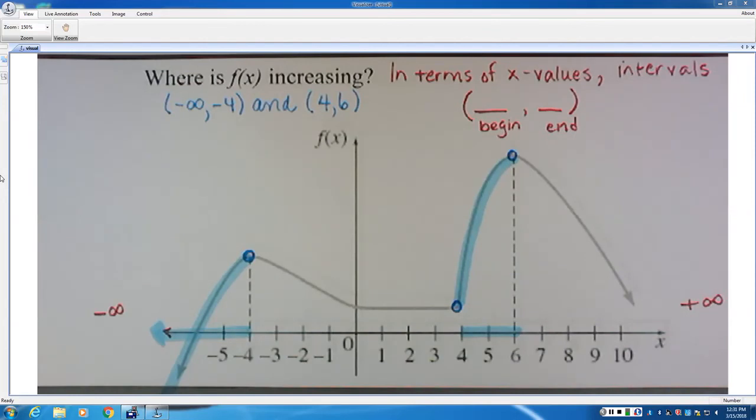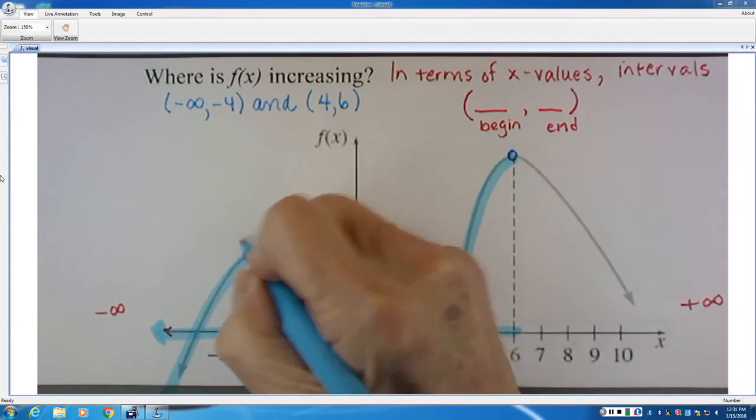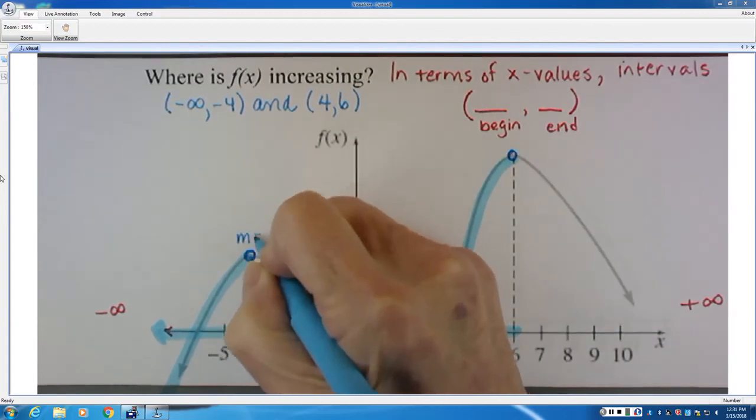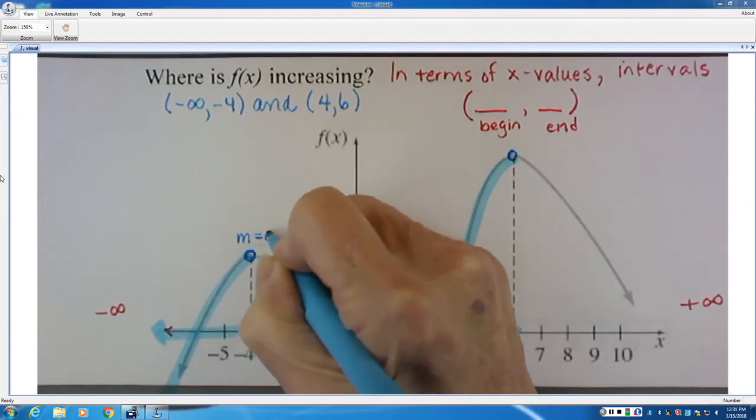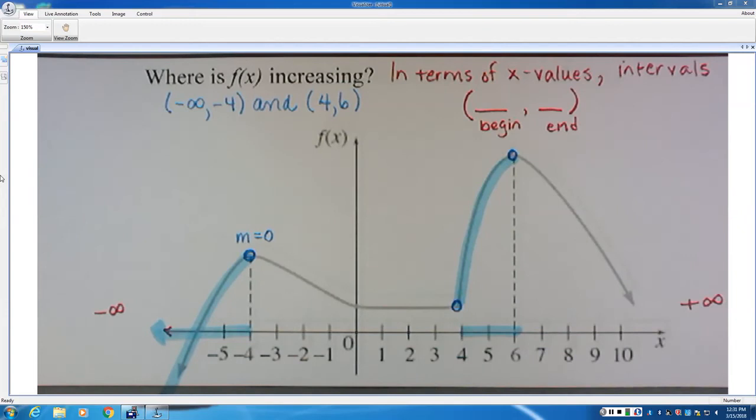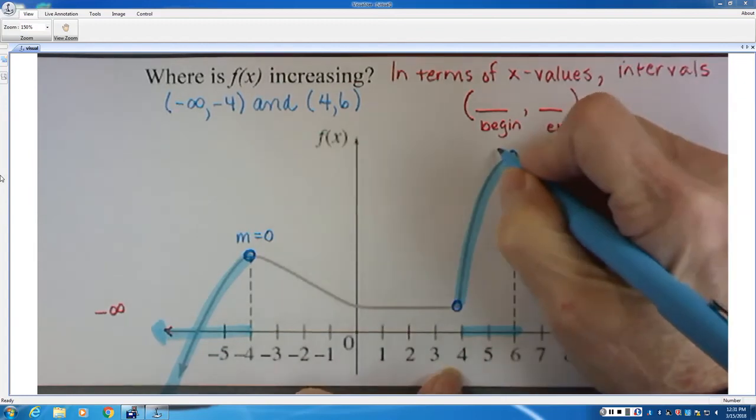So what we actually are going to say is that here, its slope for just that one instant, that one single number, the slope of that function at that point is 0. Because anytime you go from positive to negative, you have to pass through 0. Same thing happens here.